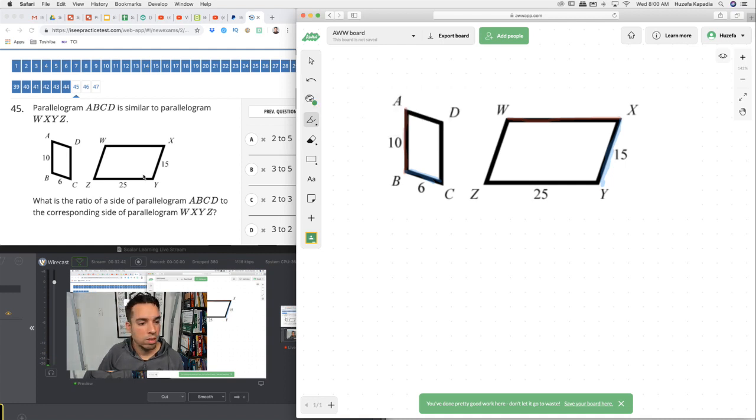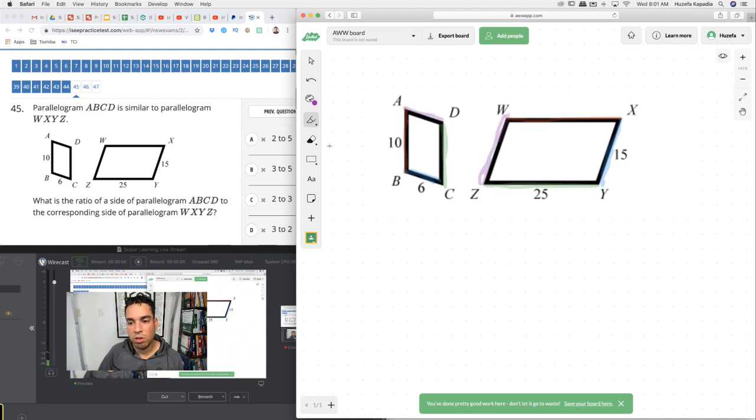CD is similar to YZ. And AD obviously is WZ.